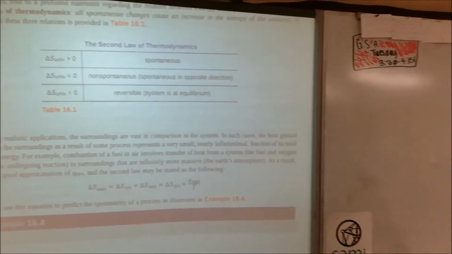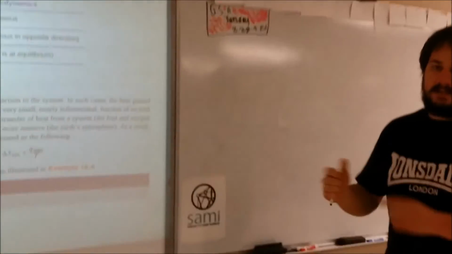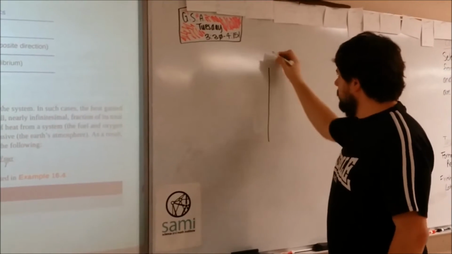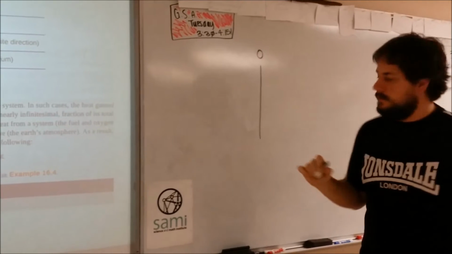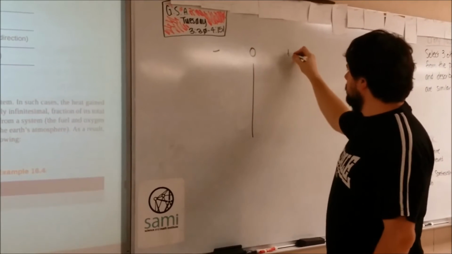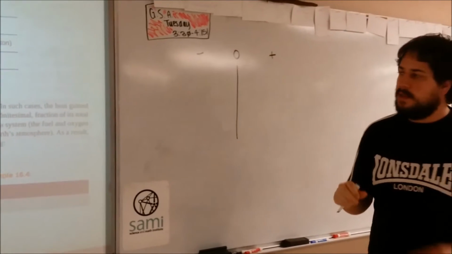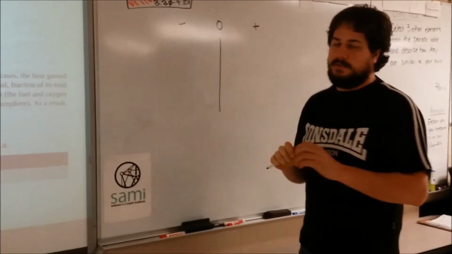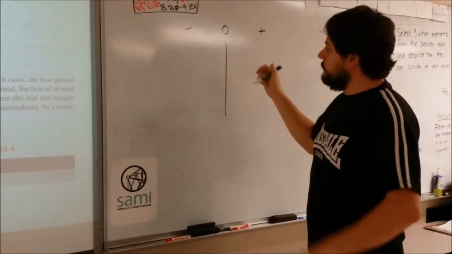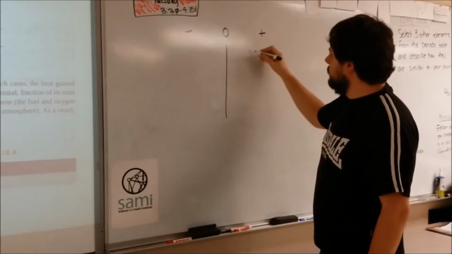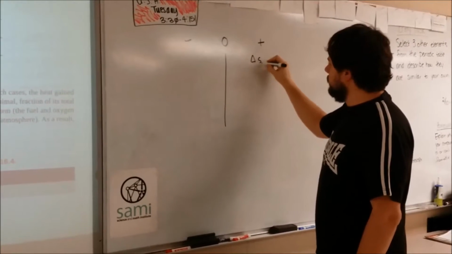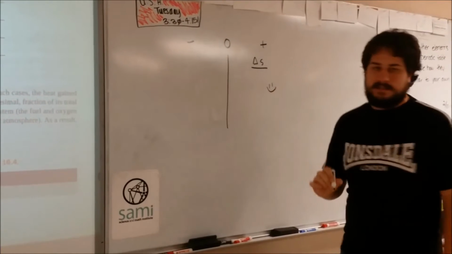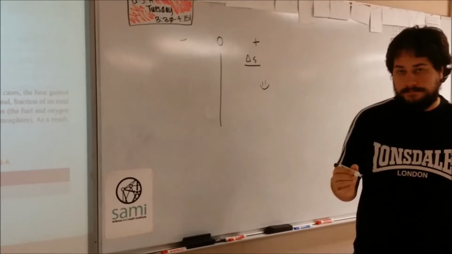So what that looks like in practicality is something like this. If you take this as our 0 line, and we have negative over here and positive over here. If the delta S for the universe, so the whole thing outside, is greater than 0, so if the delta S is occurring here, or the entropy is occurring here, this reaction will spontaneously take place. It will happen.